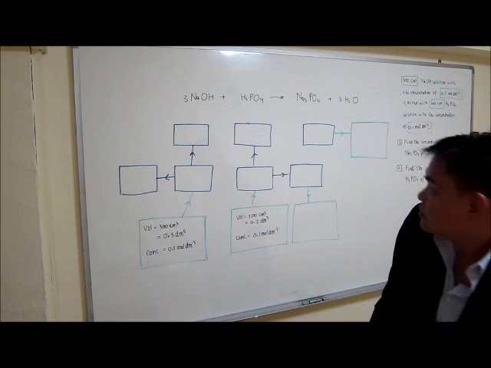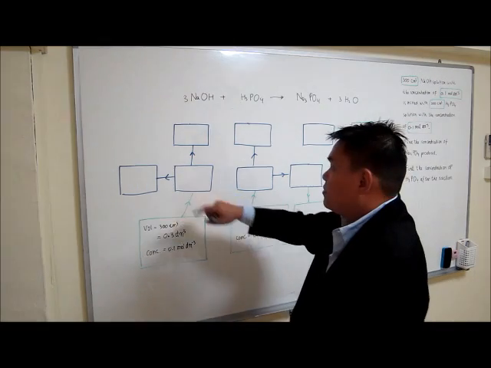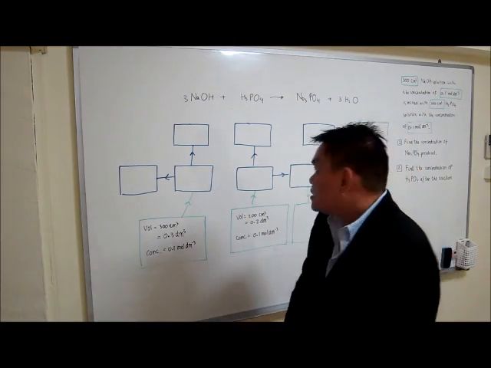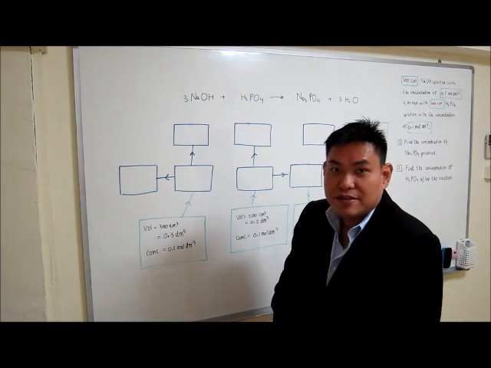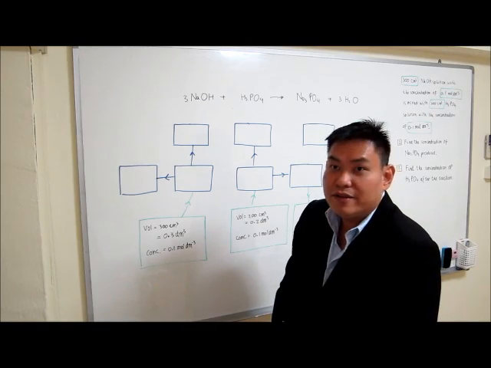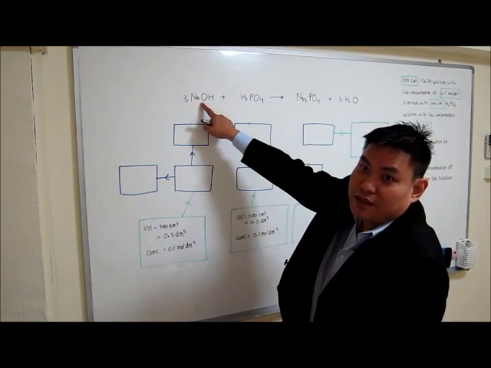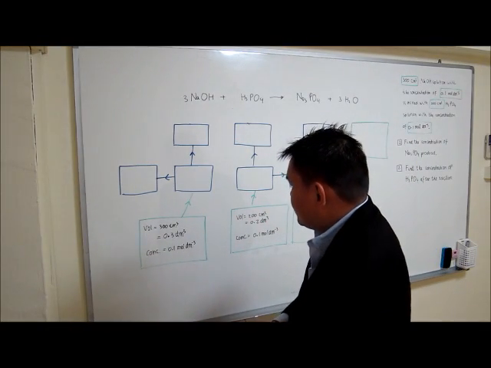Now, we already put in the information. We are going to calculate the mole. For volume and concentration of solution, very simple. The formula is mole equals volume times concentration, and is applicable only for aqueous solution, which is correct in this case. Sodium hydroxide is an aqueous solution.